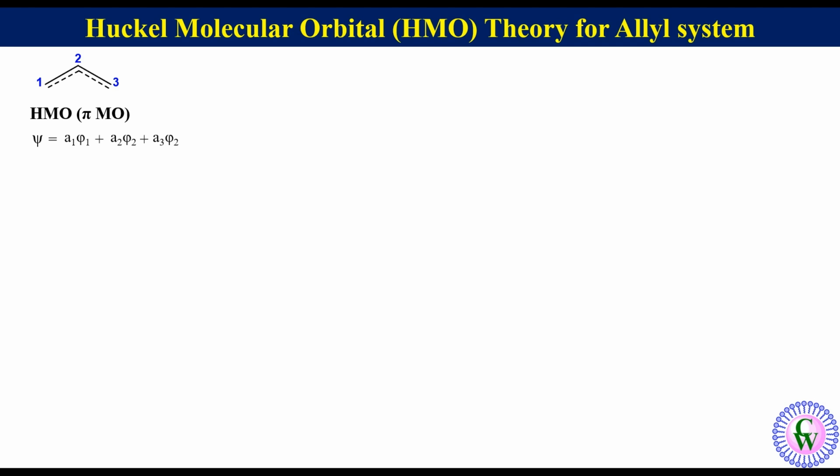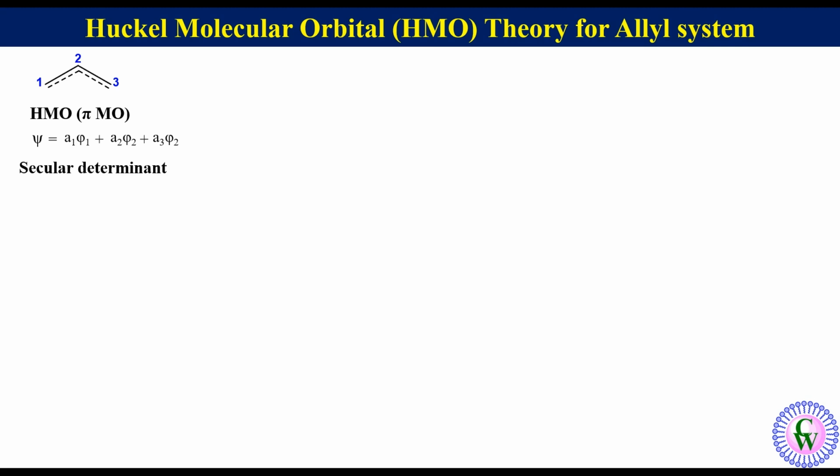Phi 1, phi 2 and phi 3 are pz atomic orbitals of C1, C2 and C3 involved in pi bond formation. And A1, A2 and A3 are orbital coefficients.